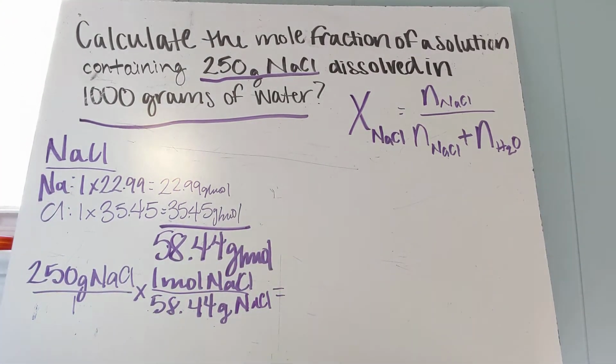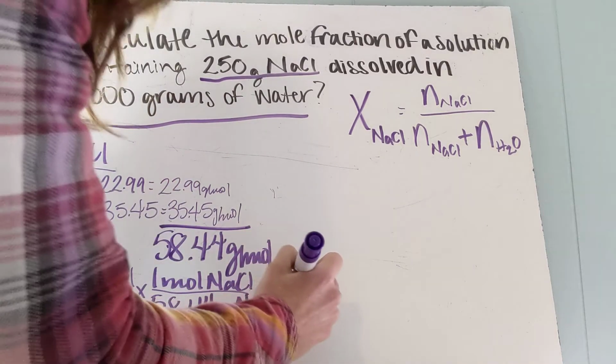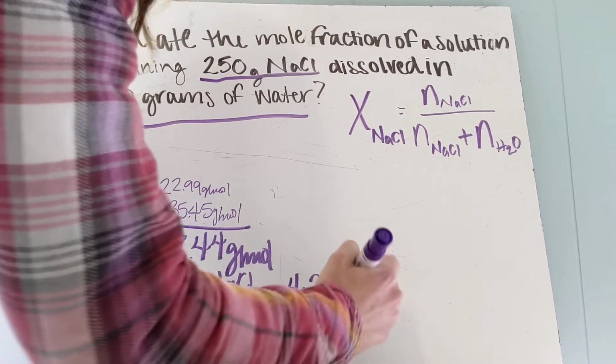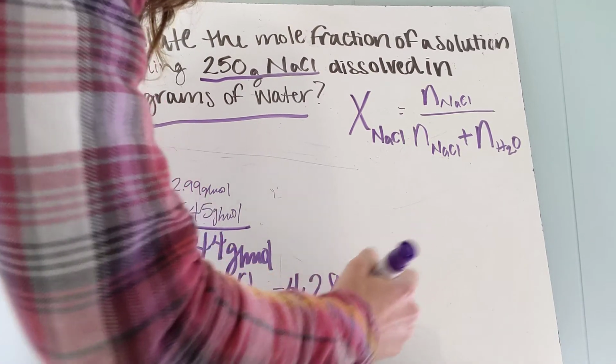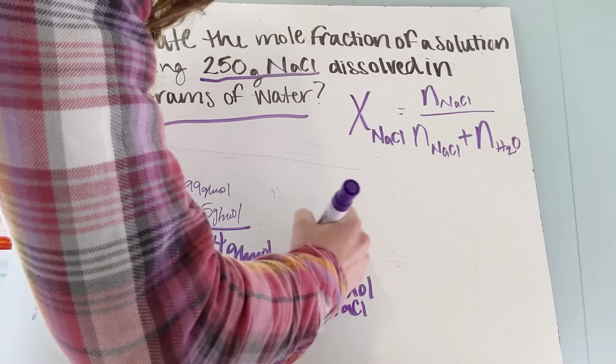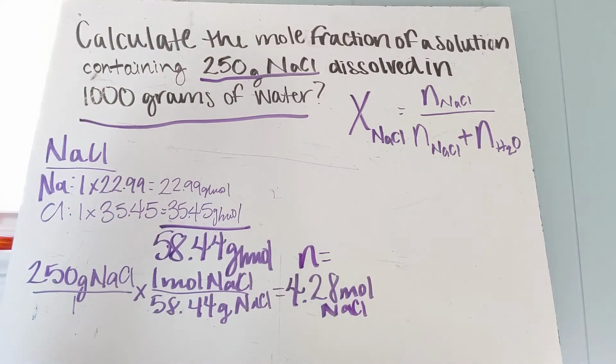And when I get that, I get 4.28 moles of NaCl. So notice that is equal to N of my NaCl.